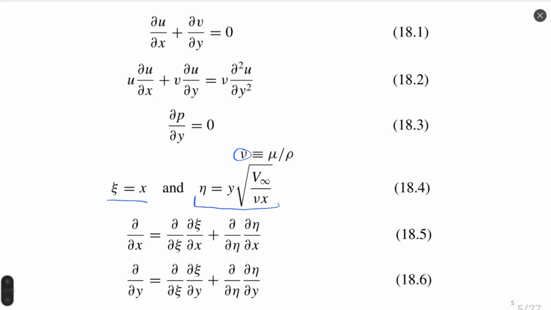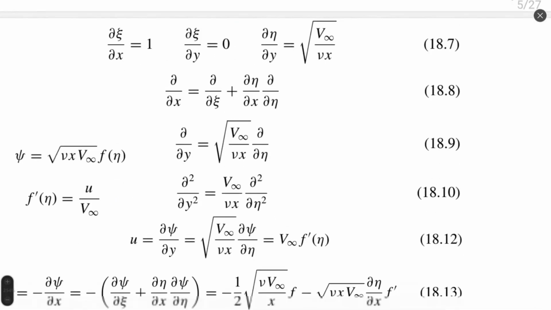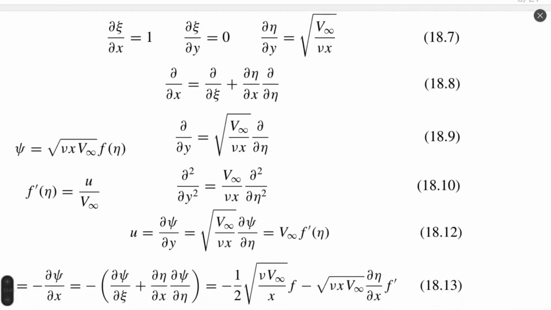Then with the transformation of coordinates, we can obtain an equation which is equivalent to that equation system. This transformation is done step by step.